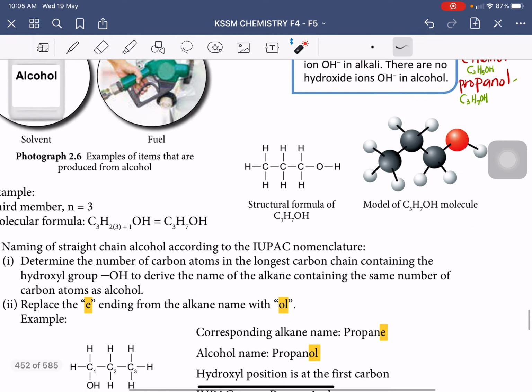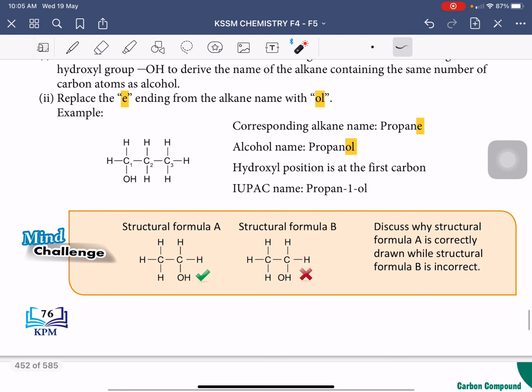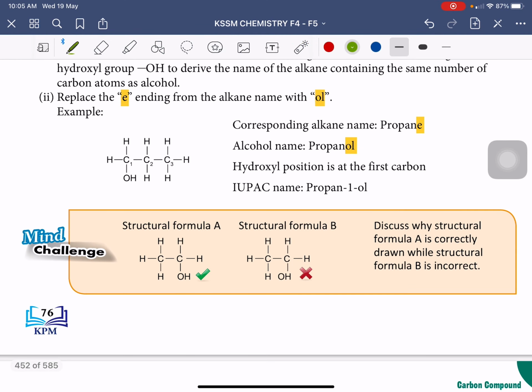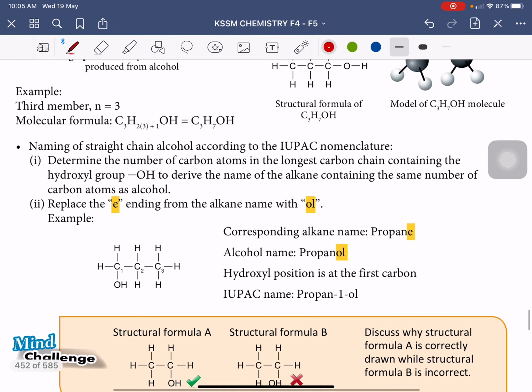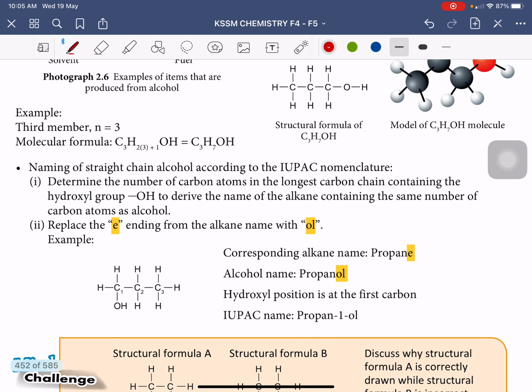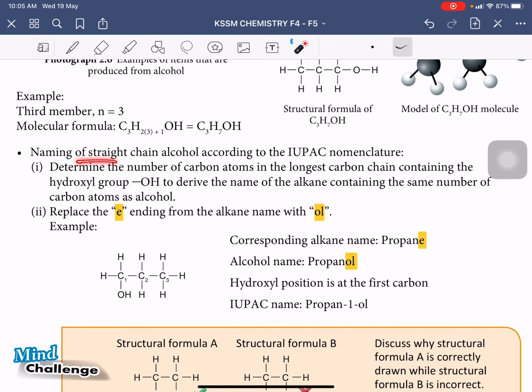So now that you understand why the structural formula is correct this way, let us discuss the naming. Naming of straight chain alcohol according to the IUPAC nomenclature. So how to name a straight chain? Straight, lurus, not the branch one, bukan yang bercabang.